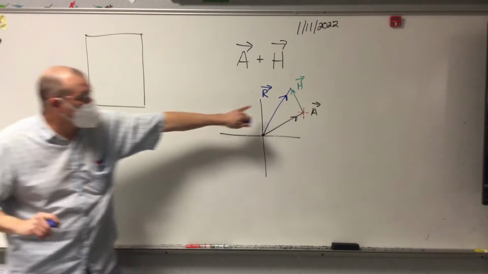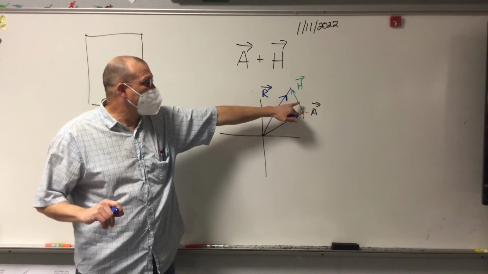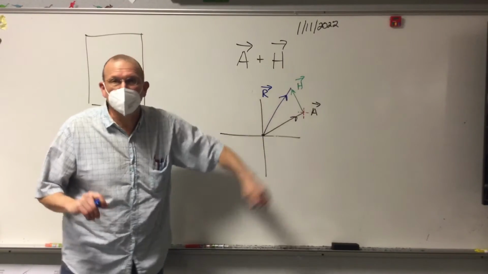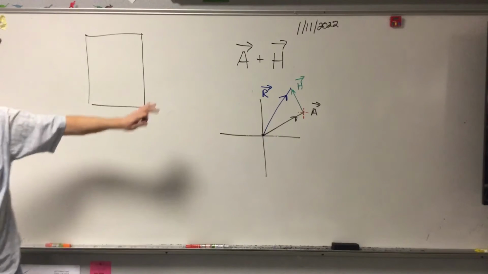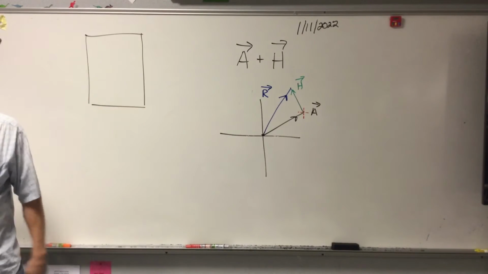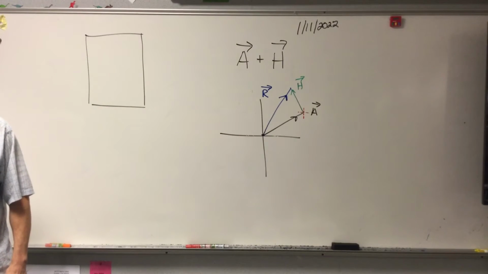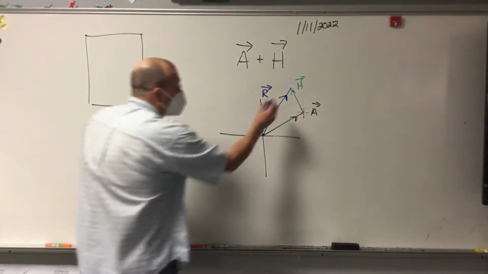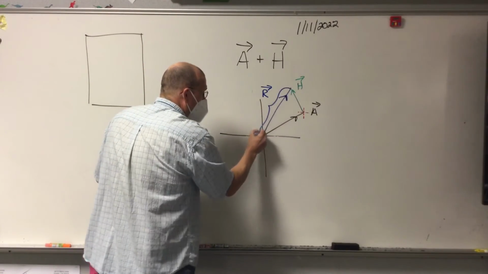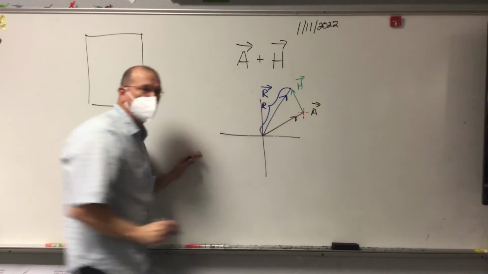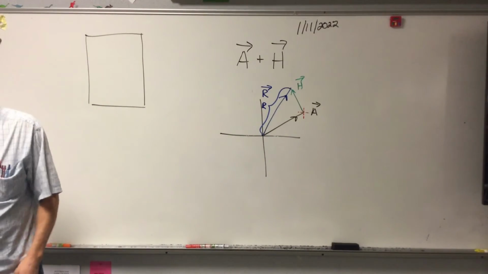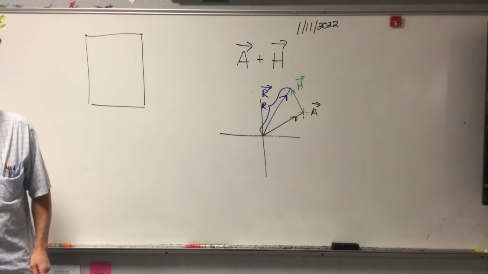Now, you have a master list that tells you exactly how long all of the vectors are that you're adding together. Once you create this, you literally have to take your ruler and measure how long this thing is. And that we would just call R without the arrow, because that represents the magnitude of your answer.